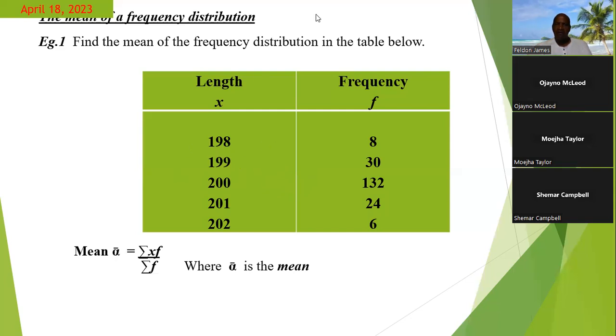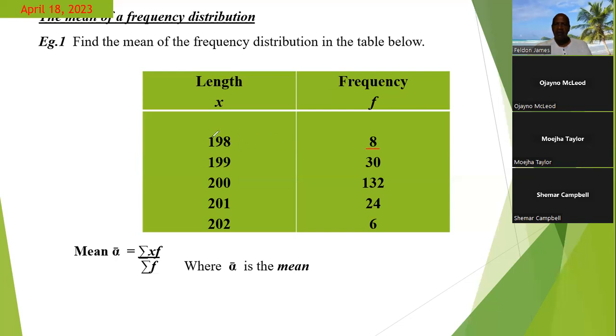So if we have the first value, which is 198, how many of that do we really have? We have 8 of those. To sum up 8 198s, you could write them 8 times and add them, but you could also multiply the value by 8 because it's 8 of them you have.